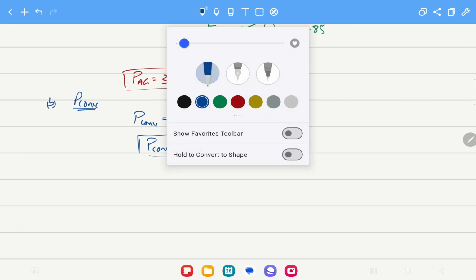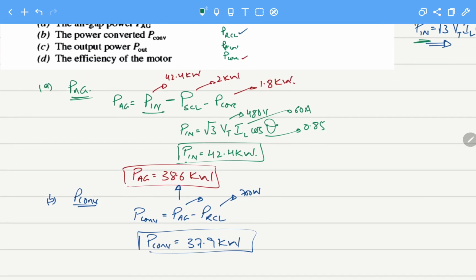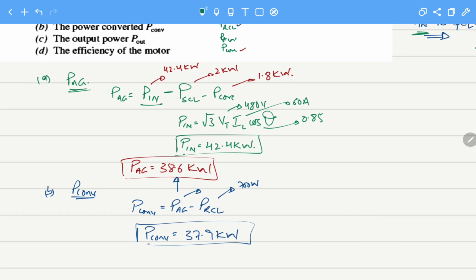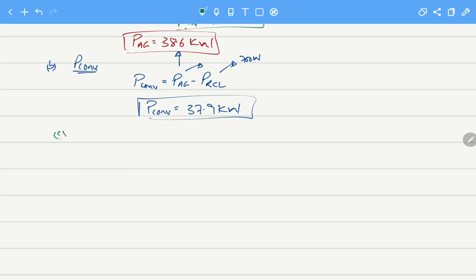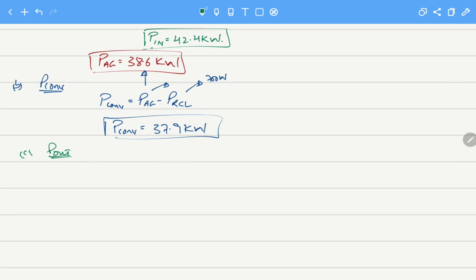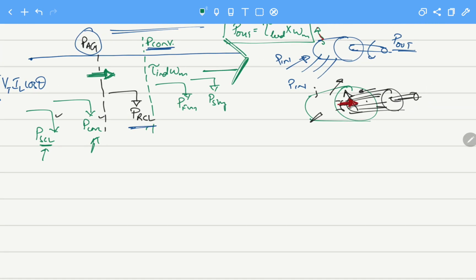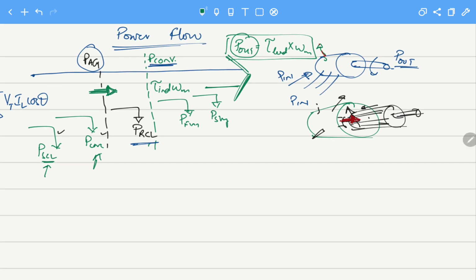Now for part C, let's see what they are asking. The output power, P out. So the output power is actually this power. Now we are moving through this. We have already calculated P converted. So we have to subtract friction and windage losses.